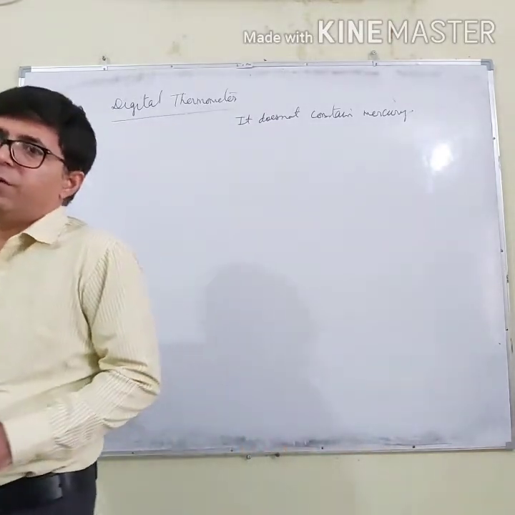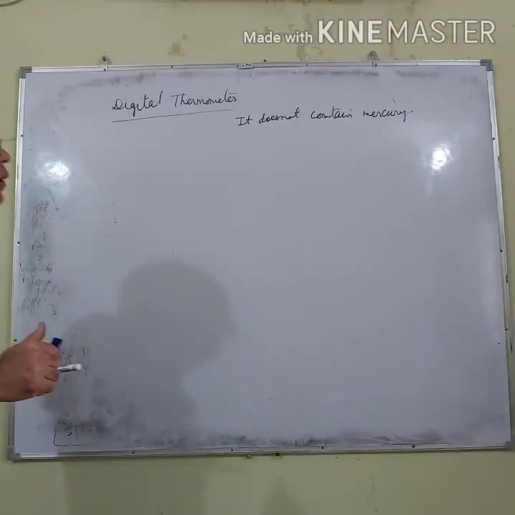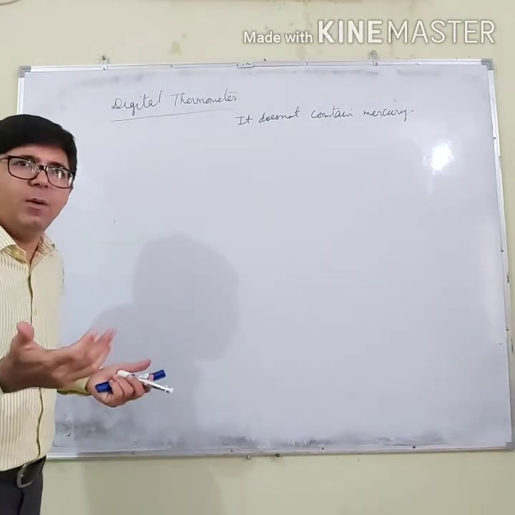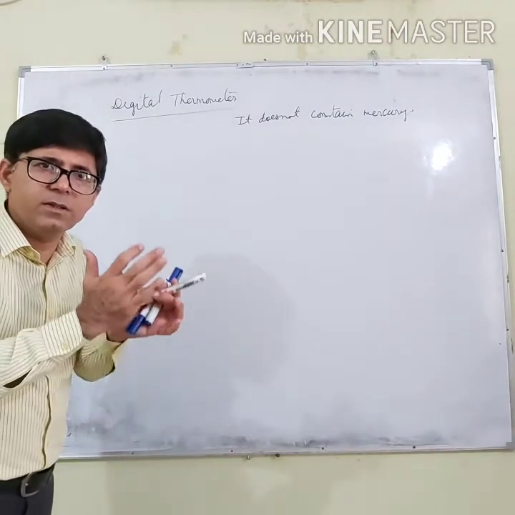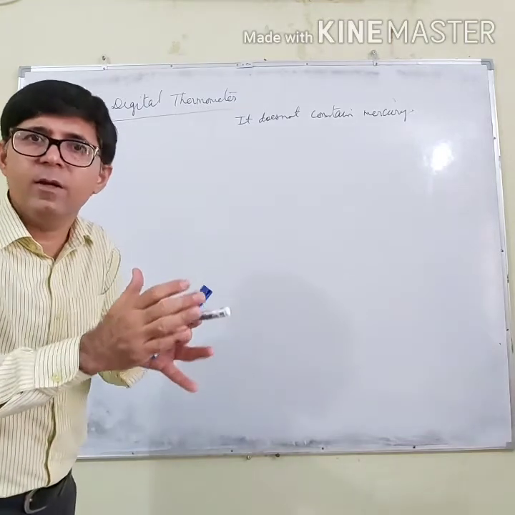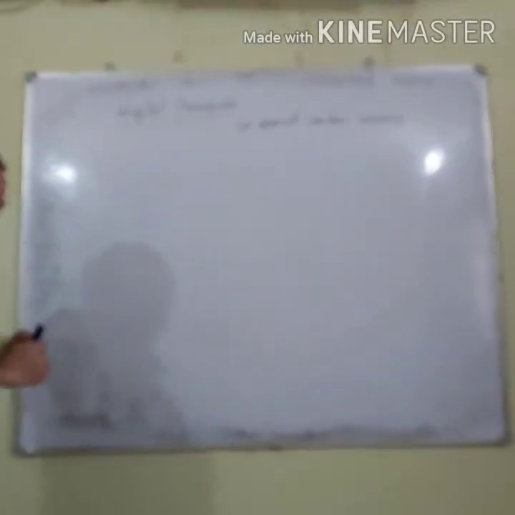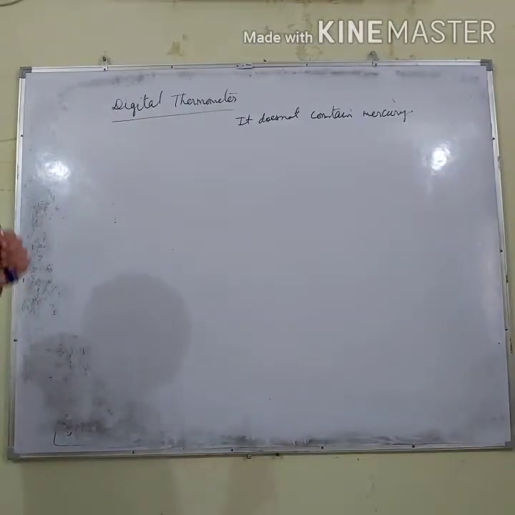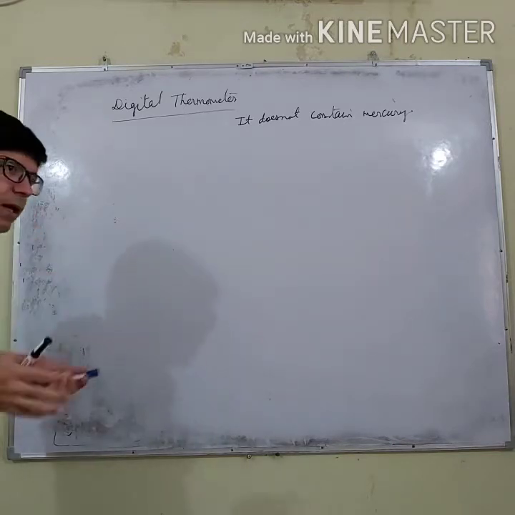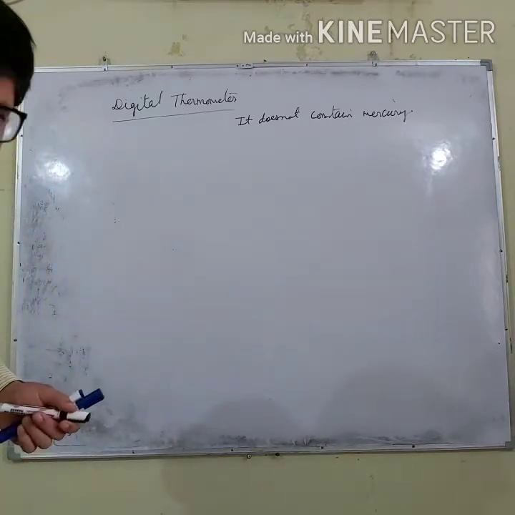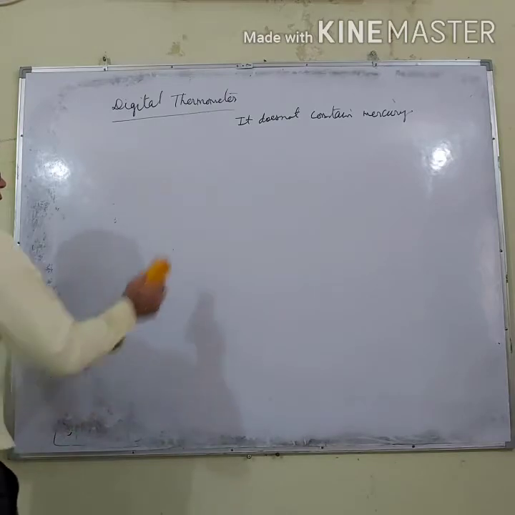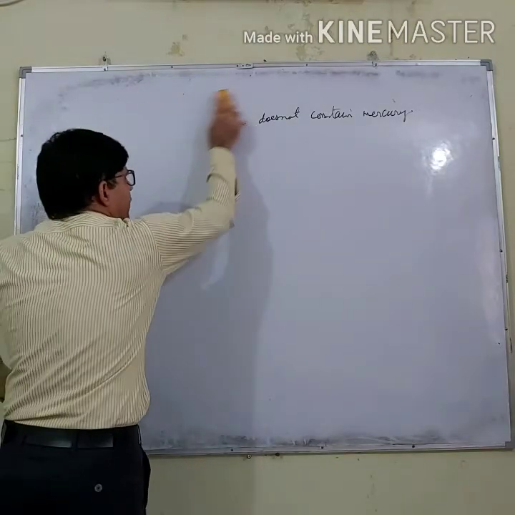Whereas in a digital thermometer, although there is some plastic, it is not as toxic as mercury. So these are the benefits of the digital thermometer, and nowadays it is commonly used by doctors.